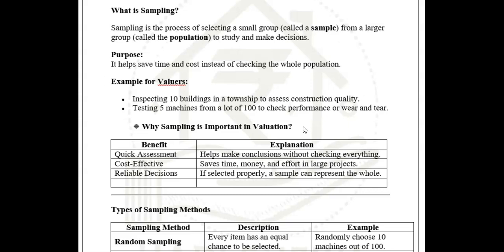It is not possible to check the quality and other things of all the buildings, so only 10 buildings will be checked. From the 10 buildings, we can assess the quality of the buildings. In the same way, test 5 machines from a lot of 100 to check performance of wear and tear.